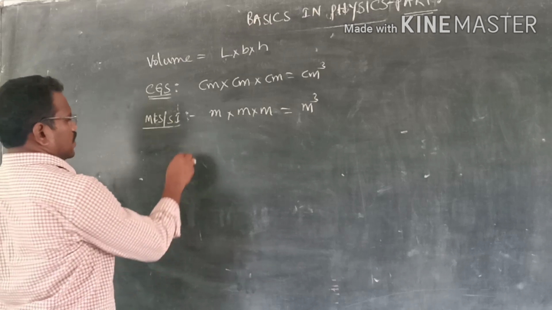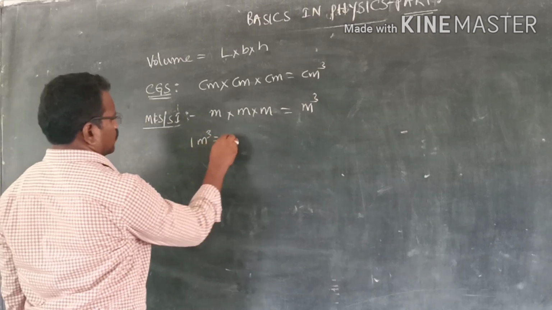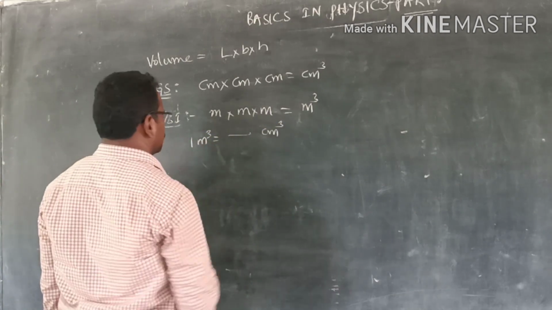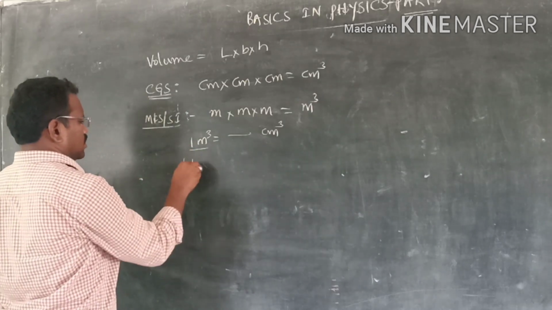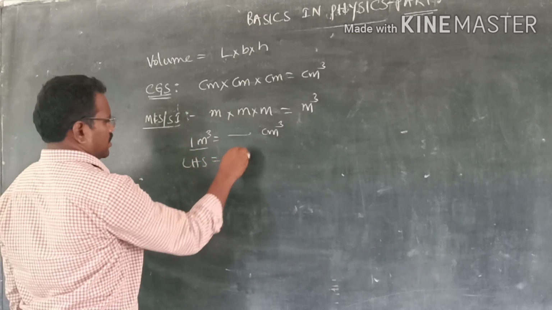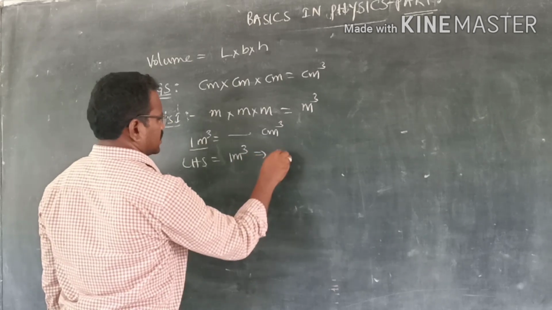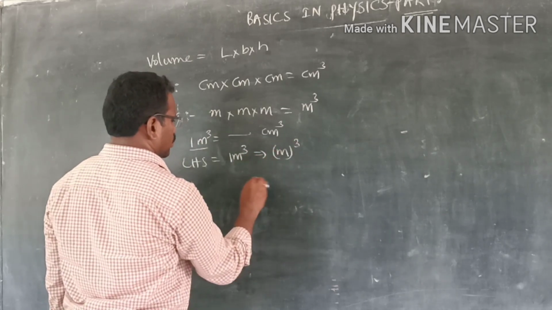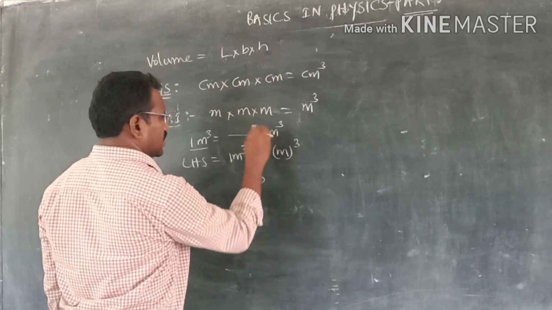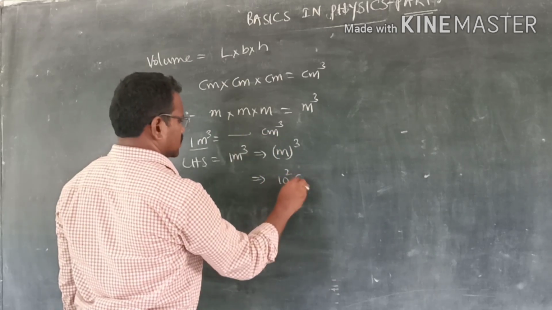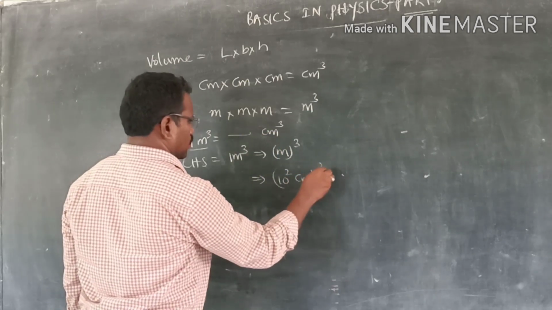Now let us derive: 1 meter cube is equal to dash centimeter cube. The given value is LHS equal to 1 meter cube. This can be represented as (1 meter) whole cube. 1 meter should be converted into centimeter, that is 10 square centimeter whole cube.